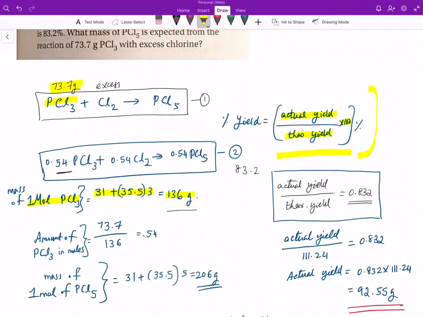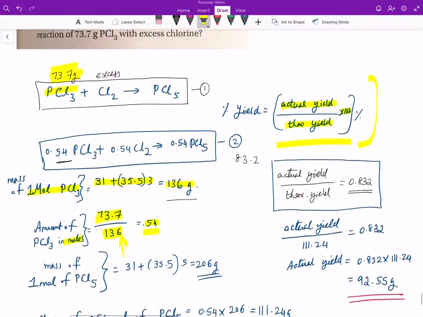Given that the amount of PCl3 available is 73.7 grams, all we need to do is divide 73.7 by 136, because 136 is the mass of 1 mole of PCl3. So you get 0.54 moles. Okay, amount of PCl3 in moles is 0.54, right?